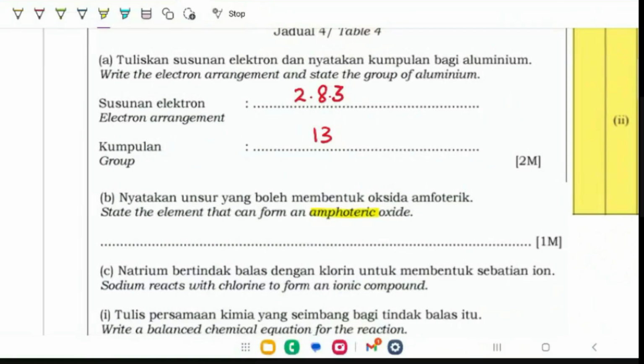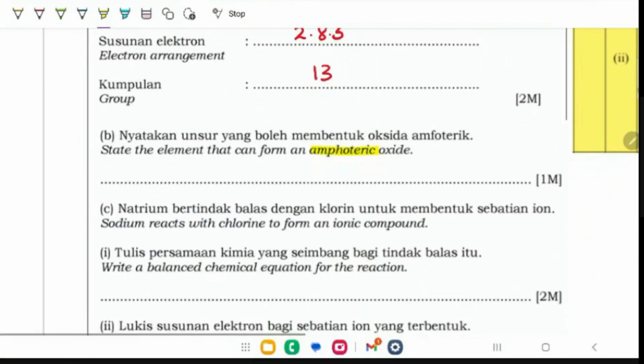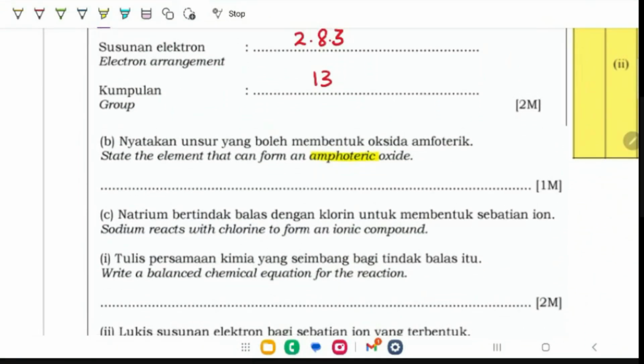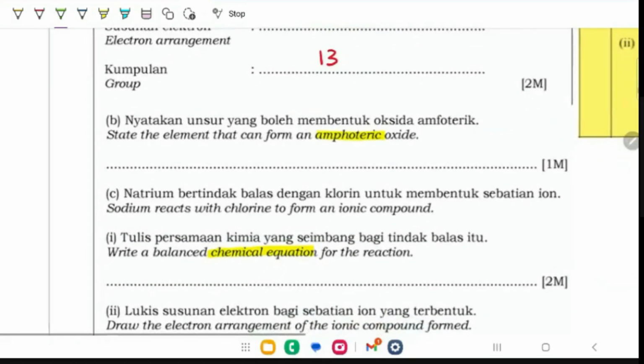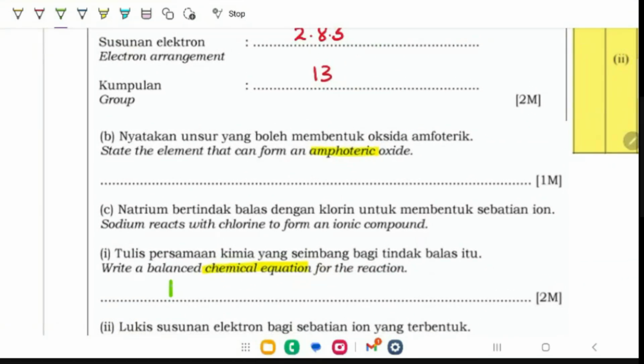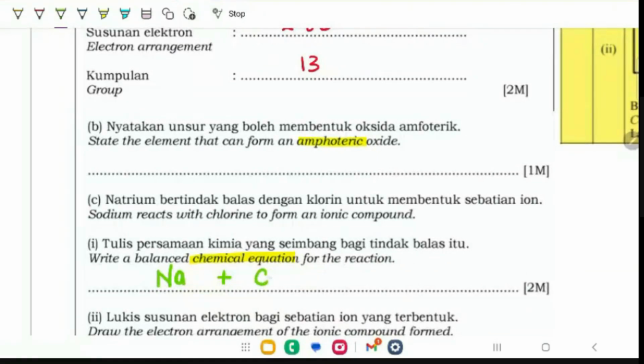Sodium reacts with chlorine. Then write the chemical equation. Sodium is a metal, so it's Na. Chlorine is Cl2.